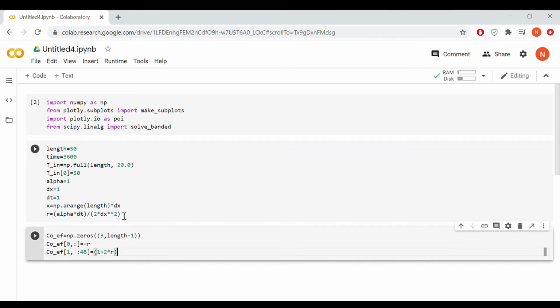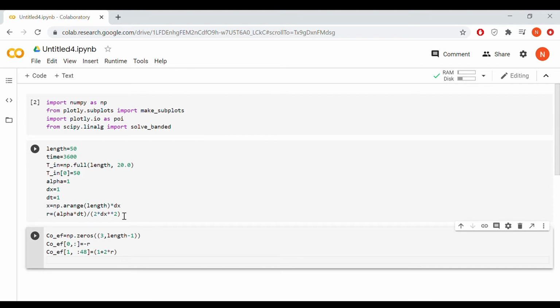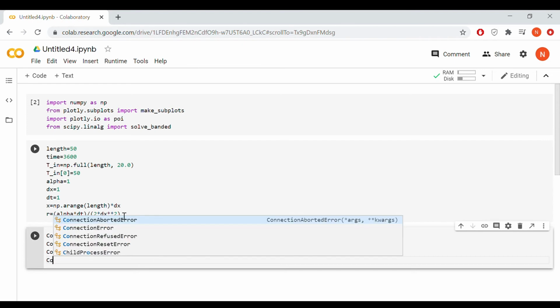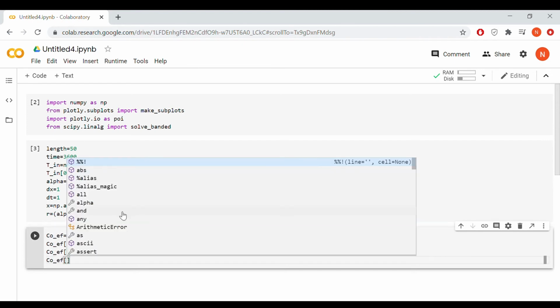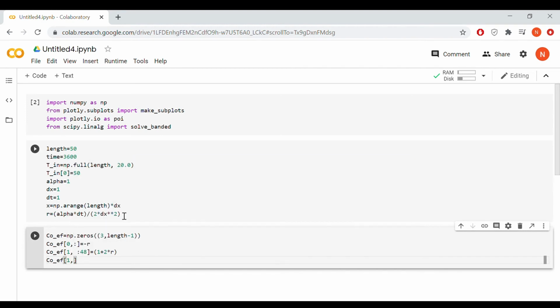And again, we're just getting this from the Crank-Nicolson equation that we solved for in the first part. Then coefficients from 1 to 48 equal to 1 plus r.